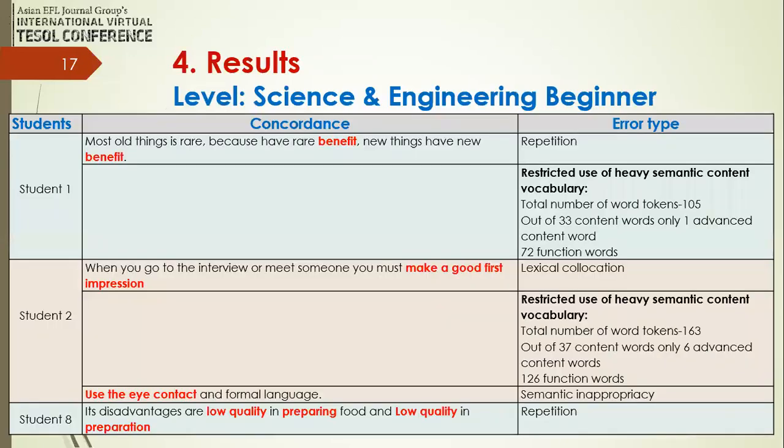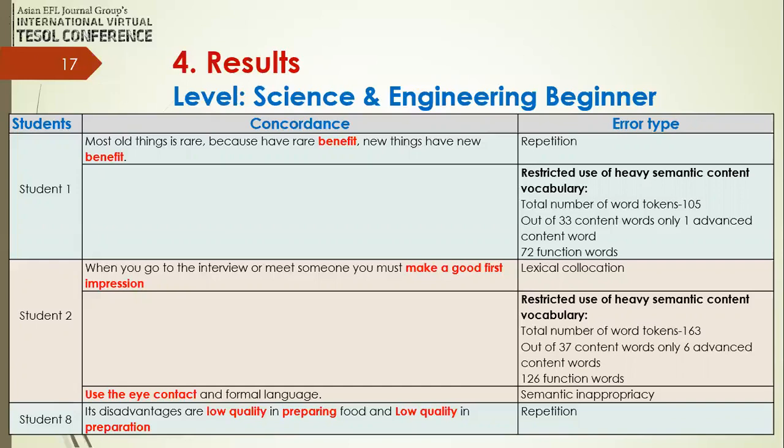If we go to the next slide, we see a table here with the three major titles: students, concordance, and error type. Even here we tried to summarize the students to three. There were 8, but we just summarized them into 3 examples for the sake of gaining time for this presentation.